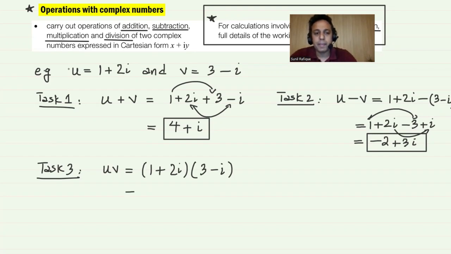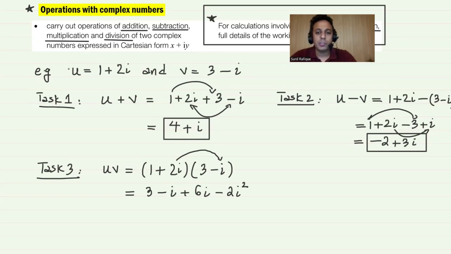So let's do the simple expanding of the double bracket. 1 times 3 is 3. 1 times negative i is negative i. 2i times 3 is 6i. And 2i times minus i: this is important, be careful. 2i times a negative i is going to be minus 2i squared.